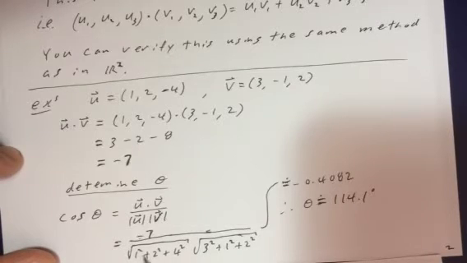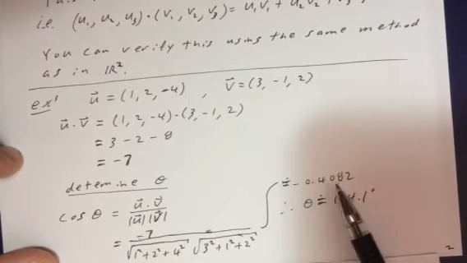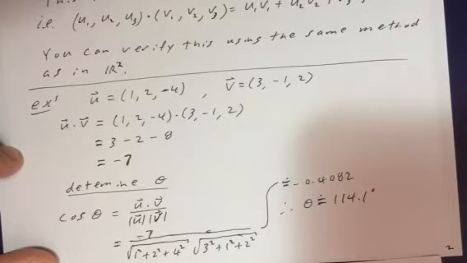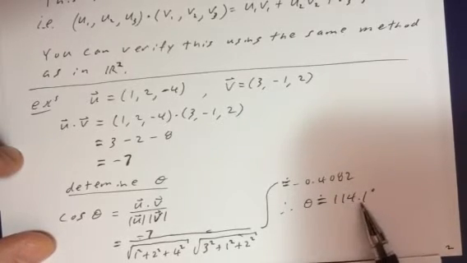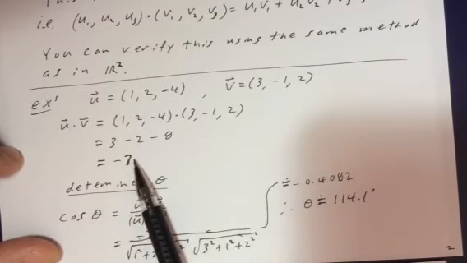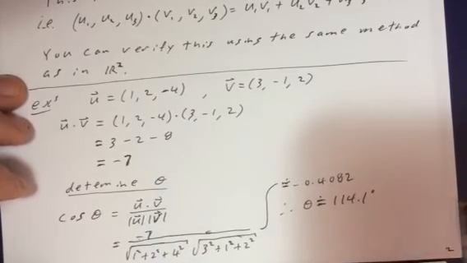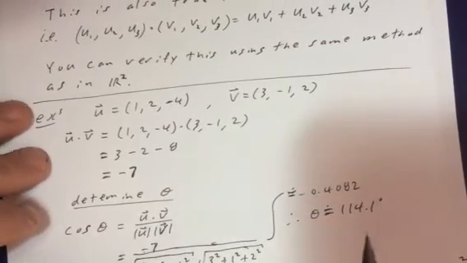Plug in all those numbers, and you get approximately negative 0.4082. When you do the cos inverse of that, you get 114.1 degrees. Makes sense because the dot product was negative, so the angle between the two should have been greater than 90. And it is. Okay, that's it for that example.